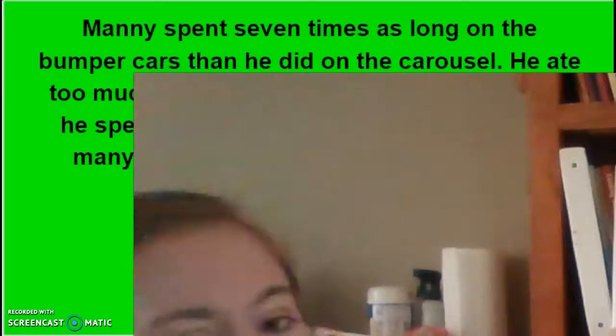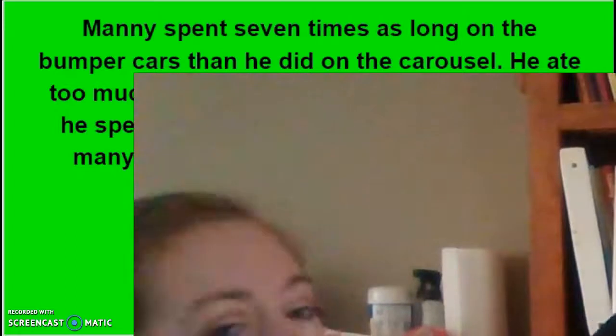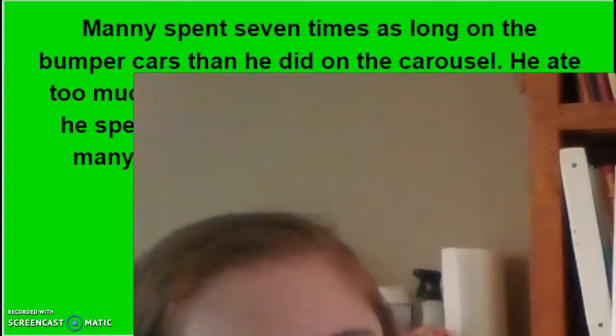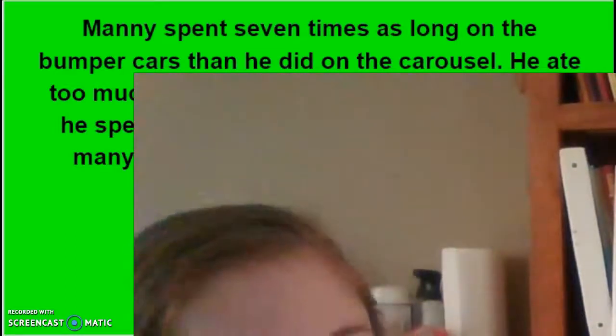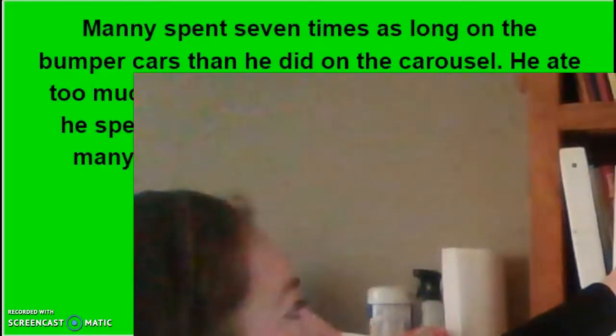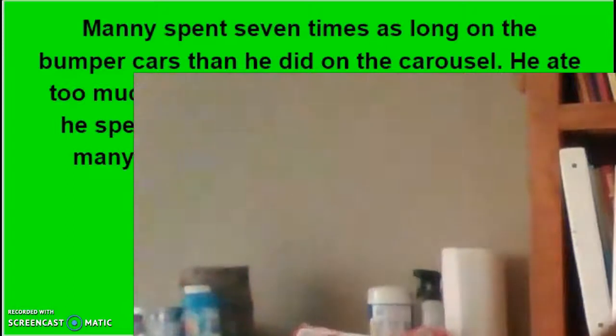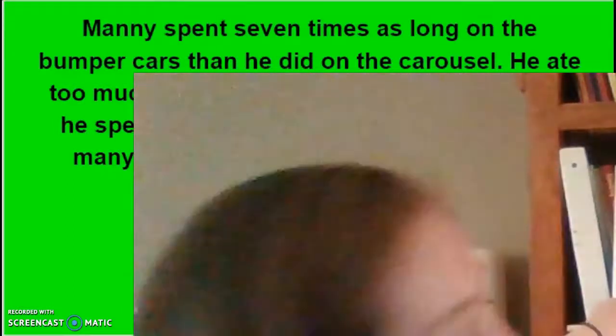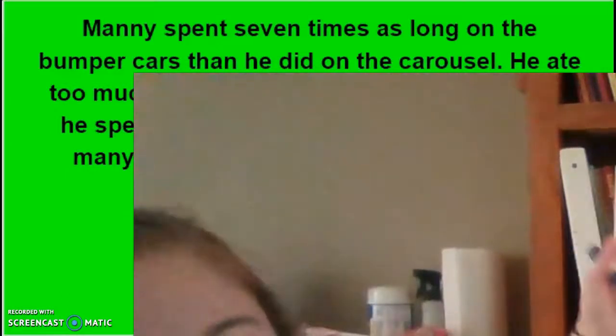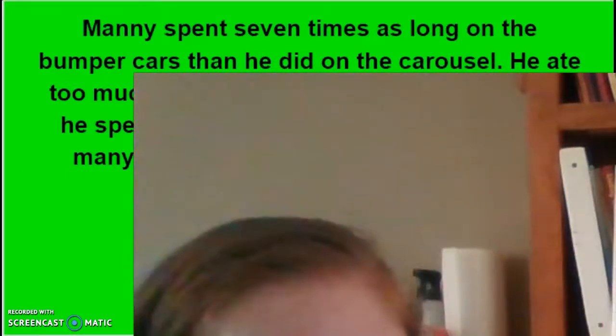But this 9 represents 9 minutes, so we filled in 9. Now, the question asks us how many minutes for each ride. Okay, so for this one, it's going to be 9 times 1, 2, 3, 4, 5, 6, 7. So for bumper cars, it's 9 times 7. Well, for the carousel, it's just 9, so we don't have to do anything. We know it's 9 minutes.